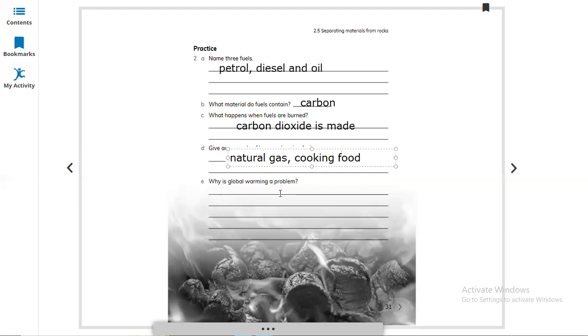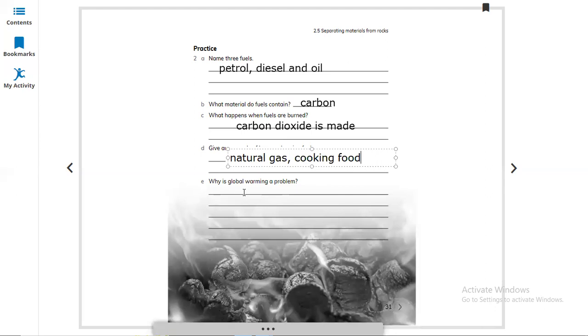Why is global warming a problem? Because it is causing the earth to get warmer. Actually, I told you before about carbon dioxide. It's making the globe warmer, making the earth warmer.